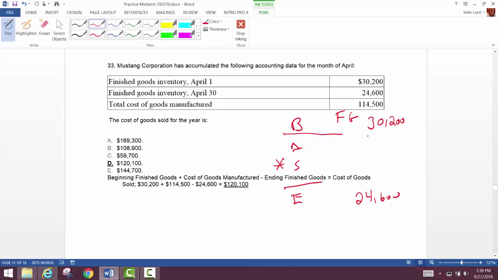The 114,000 is the cost of goods manufactured, isn't it? The add. And so I go ahead and I add. I've been doing that all day. I keep forgetting to put the last three numbers on here. If it's 500, I keep putting 500.